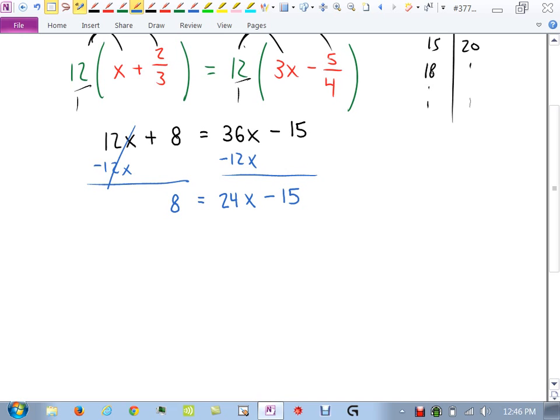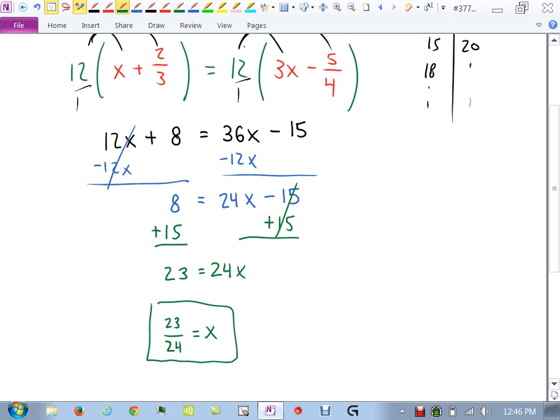I almost have my x term by itself, just got to get rid of that negative 15, so I add 15, right? 15 plus 8, 23, equals 24x. Divide both sides by 24. 23 over 24 equals x. And we are there.